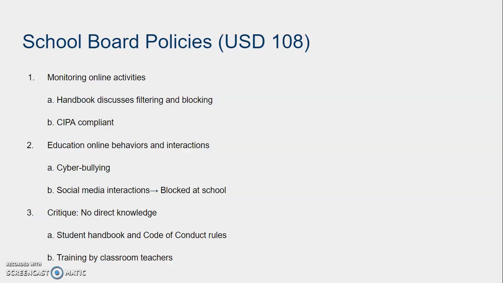They even link to legal websites about cyberbullying. They also talk about social media interactions and what students should and shouldn't do, but basically their blanket statement is that they're blocking those websites, such as Facebook, at the school unless there's an educational reason for those sites to be unblocked.